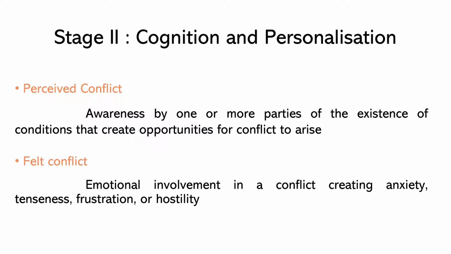Next one, felt conflict. That means now emotional involvement is there. Emotional involvement in a conflict creating anxiety, tenseness, frustration, hostility. So that means you have been emotionally involved. Now that will definitely lead to conflict.